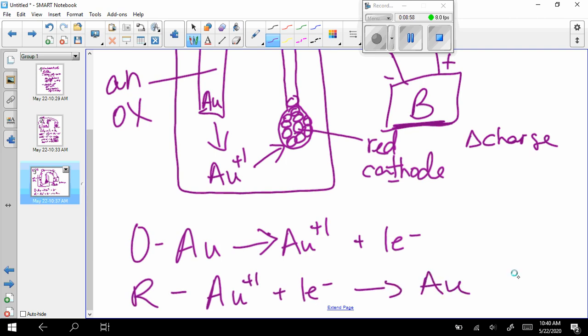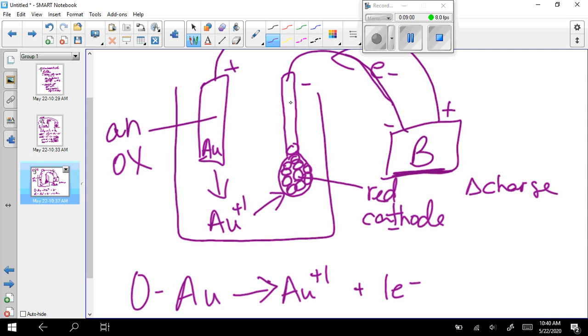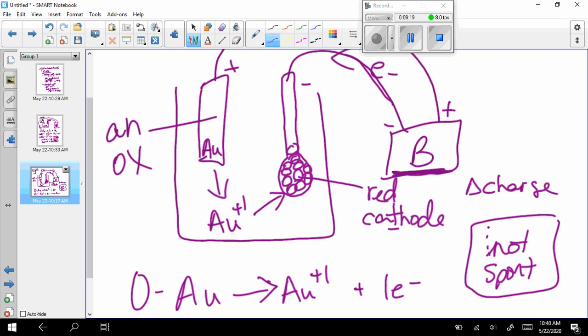Now, if you really figured out what the spoon was originally made of, it's probably some metal like iron, which is definitely higher than Au on the table, which means it should get oxidized. But again, this is going to be a non-spontaneous reaction. It only happened because I had the battery.